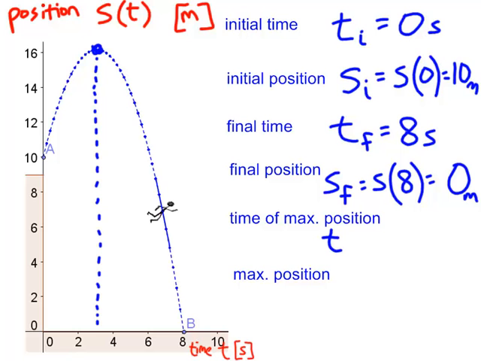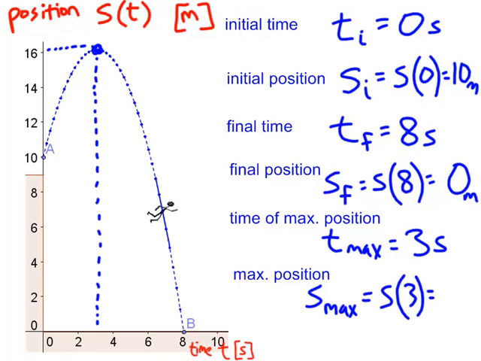So I might say T max equals 3 seconds. And it looks like his position is about 16-ish. So we'll say S max, which is the same as plugging in the T max, right? And these are all approximations. I'm going more for the concept here based on this picture. In the actual exercise, we'll go into some more detailed mathematics. But make sure you got all those concepts straight.